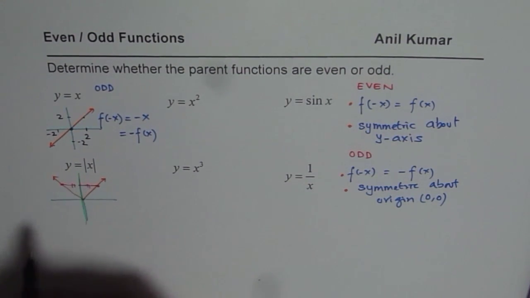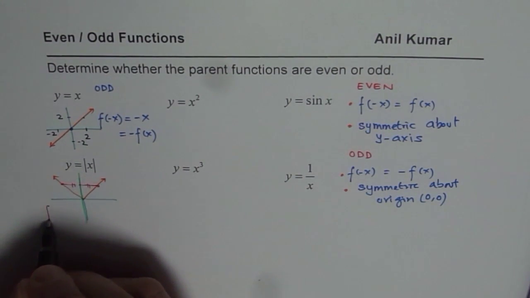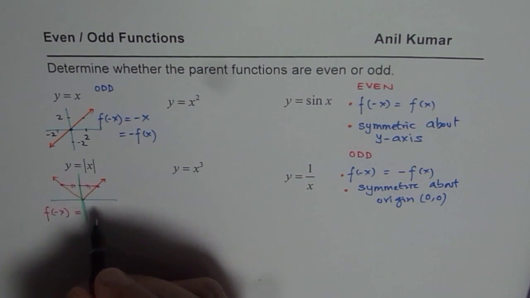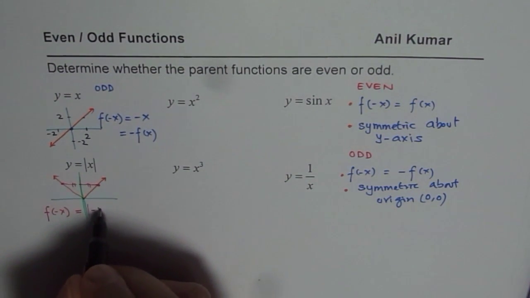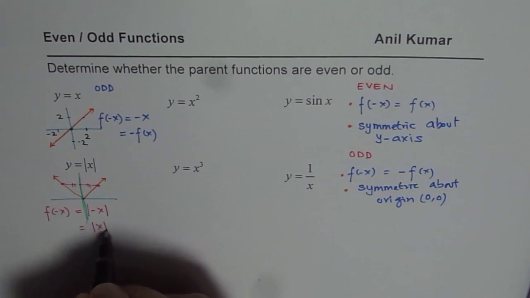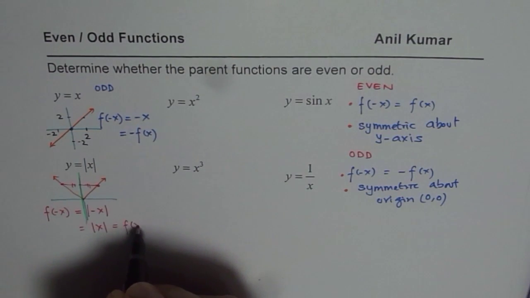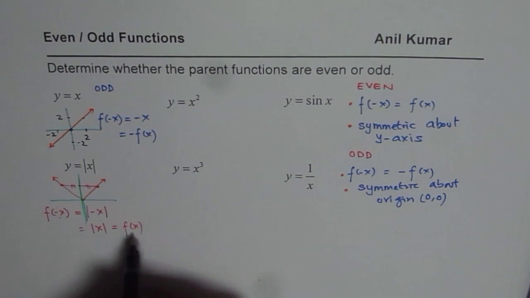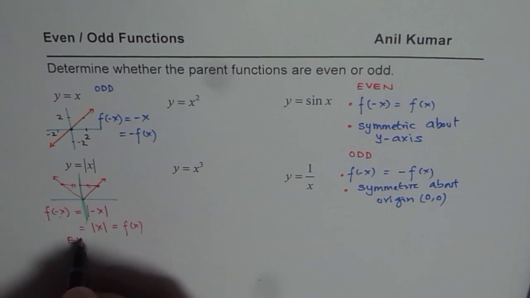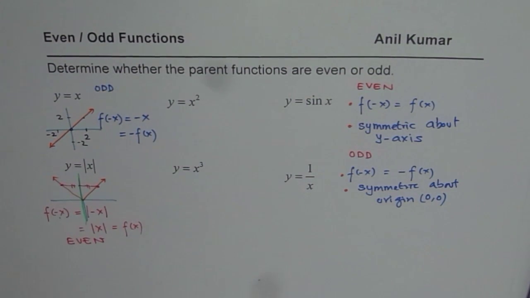In this case, f of minus x is absolute x, and that is equal to f of x. Since f of minus x is equal to f of x, this function is even. And you also see that it is symmetric about the y-axis.